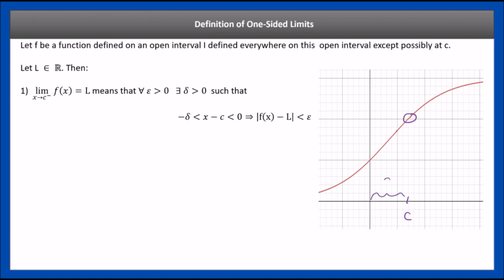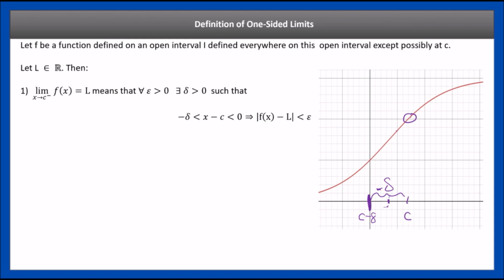Let's say this is delta right here, from here to here, such that, let's say that's a cutoff. This is negative delta. This is a delta such that if I subtract delta from C, then x is between C minus delta and C, right?